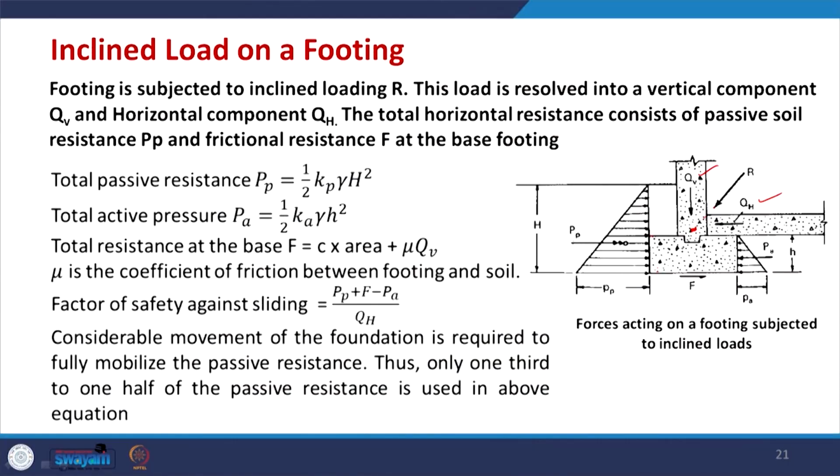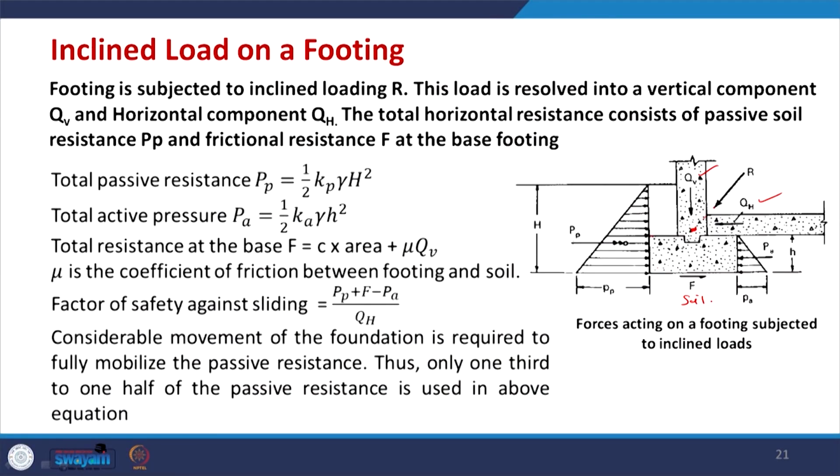When you are applying load to move it away, the soil on this side will try to resist it, which will come under passive pressure, while active pressure offers no resistance, rather it helps in the movement.